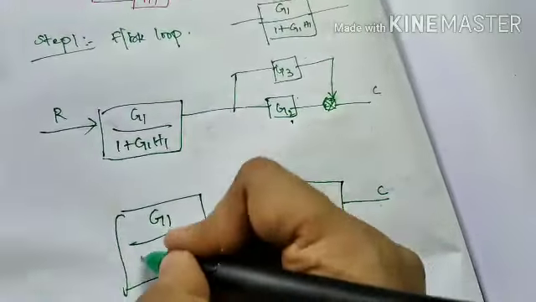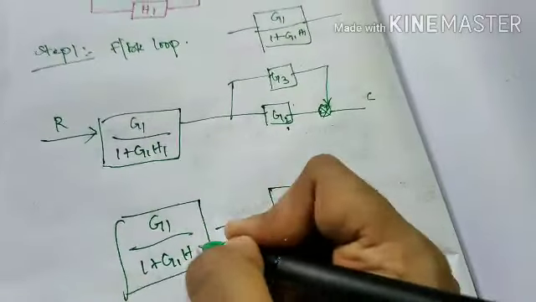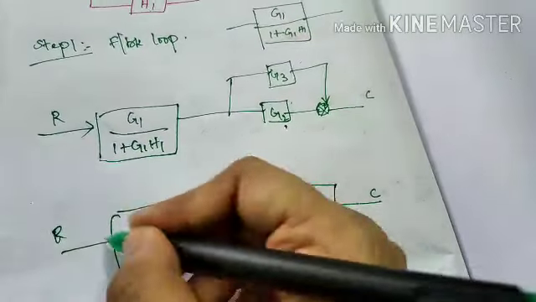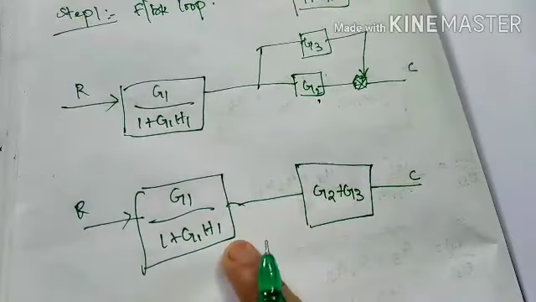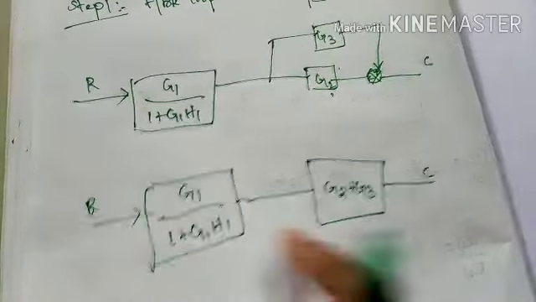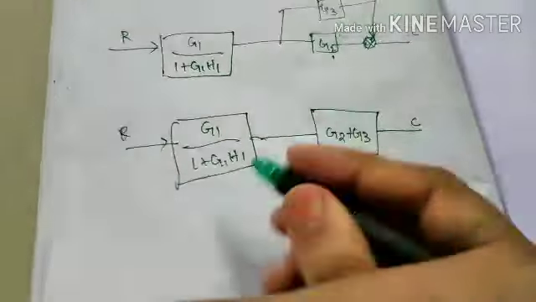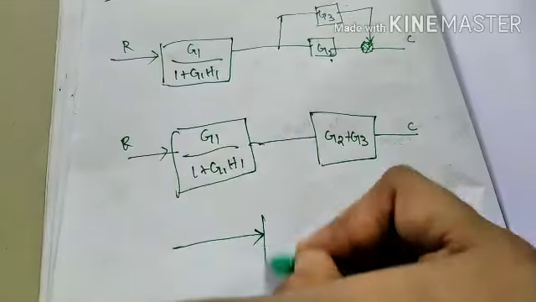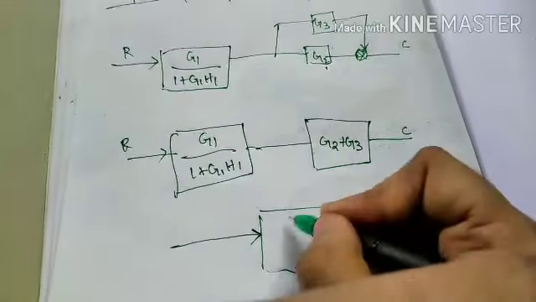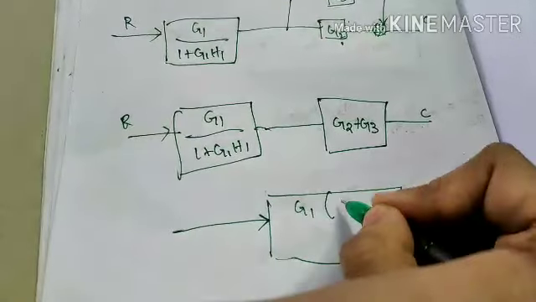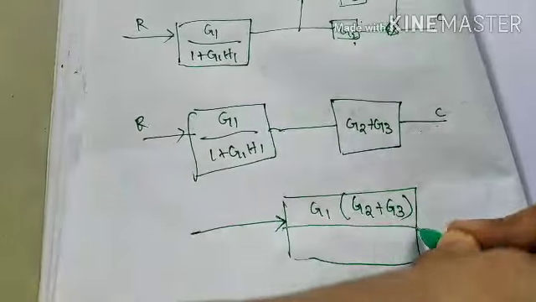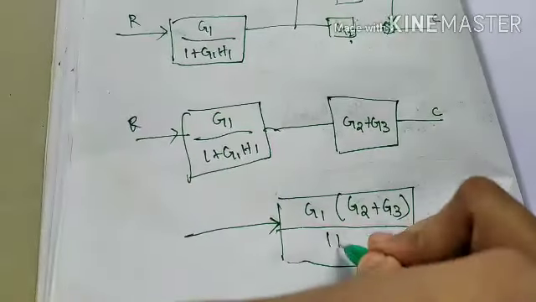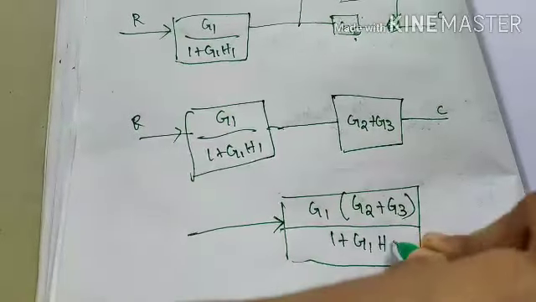G1 by 1 plus G1 H1. See here, now these two blocks are in cascaded form, or these two blocks are in series. So what is the condition for two blocks in cascaded form? Now we have to replace this entire block with the expression of G1 into G2 plus G3 divided by 1 plus G1 H1.